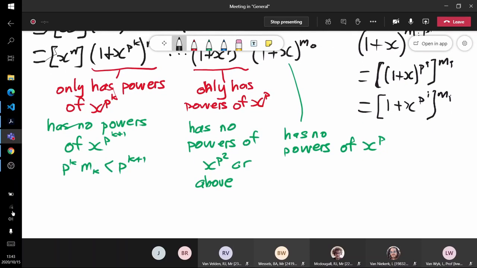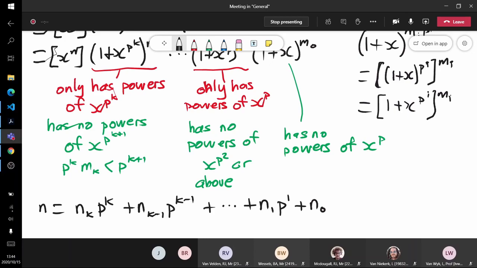So when we write n as its base p expansion, n_k times p to the k plus n_(k-1) times p to the k minus 1, and so on up until n_1 p to the 1 plus n_0.